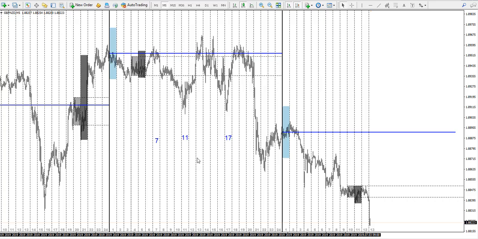So the 3 critical hours for me are the Sydney Open, number 7, Midnight New York, number 11, and 17, the New York Open, basically 6 a.m. New York.